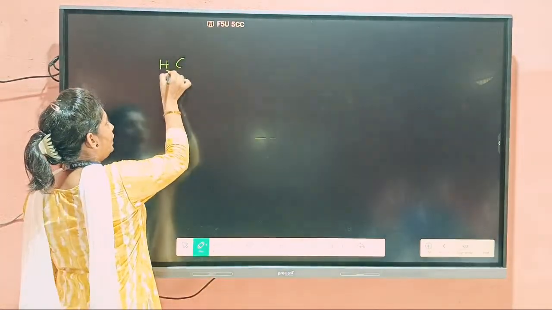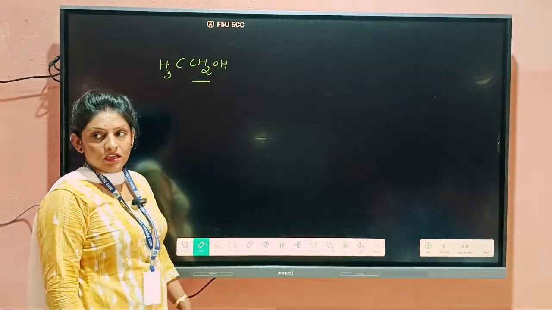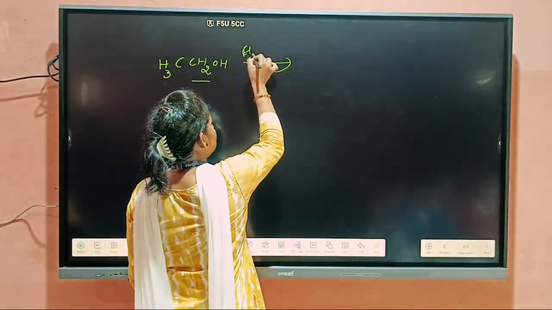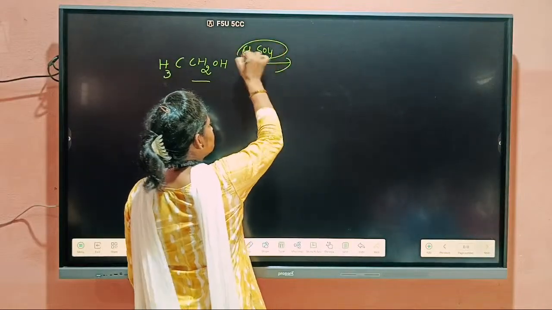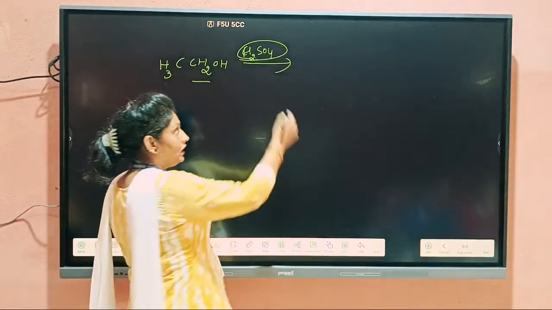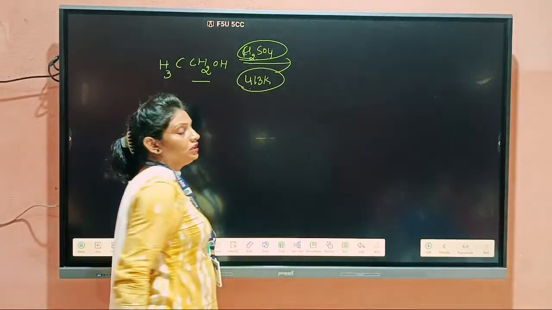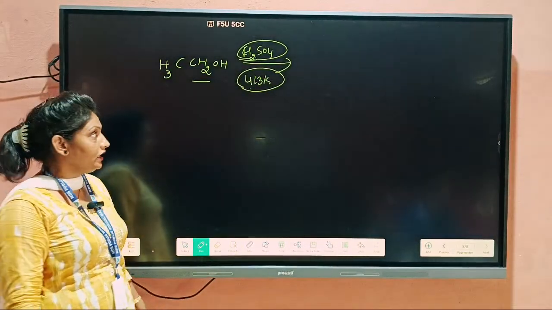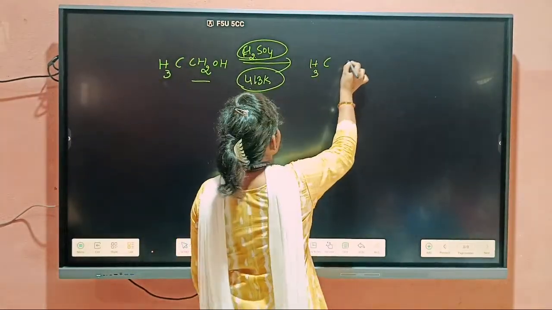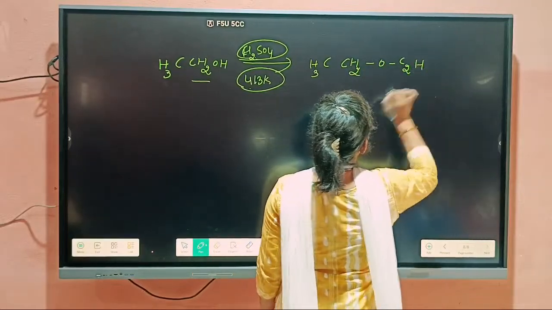If you have alcohol and you do dehydration in presence of a protic acid, which gives H positive ions, the reaction will take place at low temperature, around 413 Kelvin. Then formation of ether takes place.